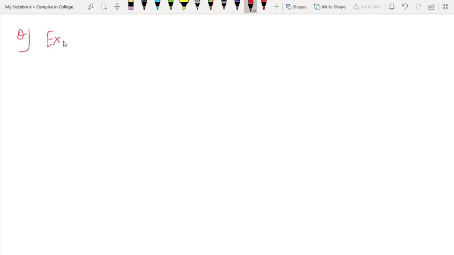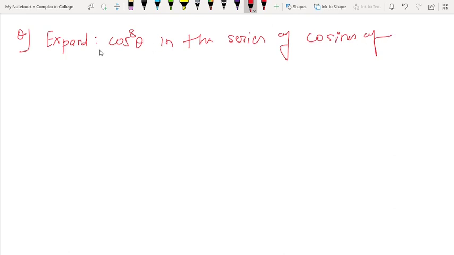So the question is: expand cos raised to 8 theta in the series of cosines of multiples of theta.